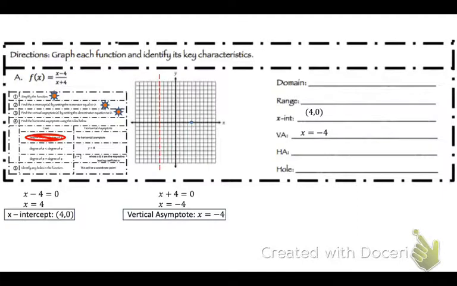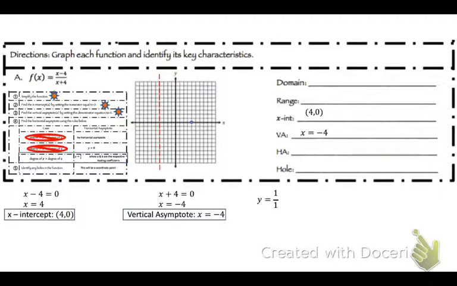Now, to find the horizontal asymptote, the degree of p is greater than the degree of q. That is not true, so we're not going to use that one. The degree of p is less than the degree of q. Also not true. The degree of p equals the degree of q. That is true. So this is going to be y equals a over b, where a and b are the leading coefficients.